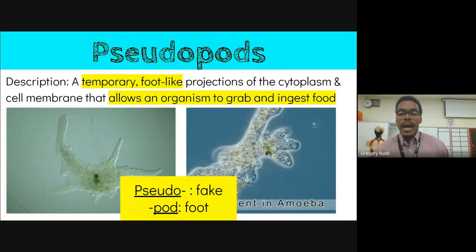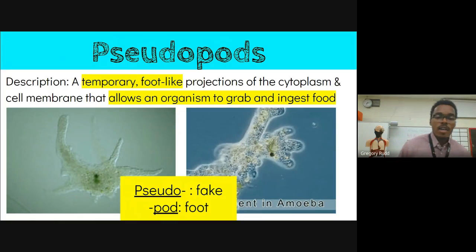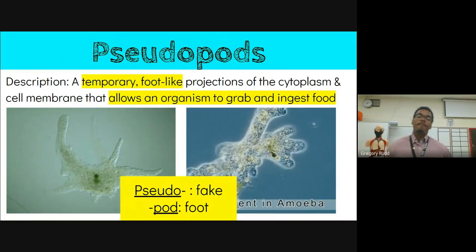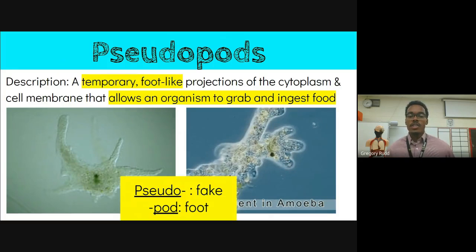Then we have pseudopods. Pseudopods are temporary foot-like projections of the cytoplasm and cell membrane that allow an organism to grab and ingest food.